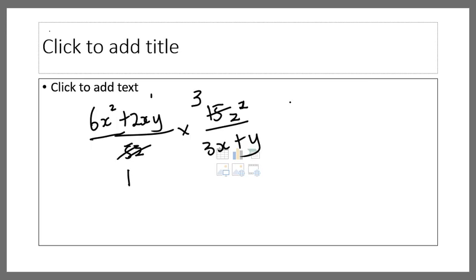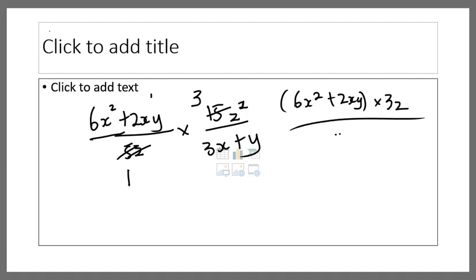So we cannot just cancel this one by this throughout. No. So 6x squared plus 2xy times 3z all on 3x plus y. This is basically it. What do we have here? We are going to do some form of factorization, I guess.